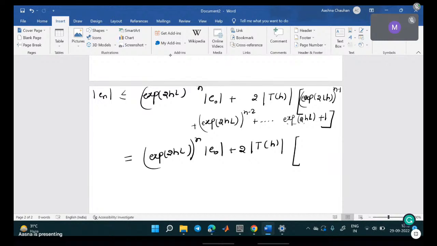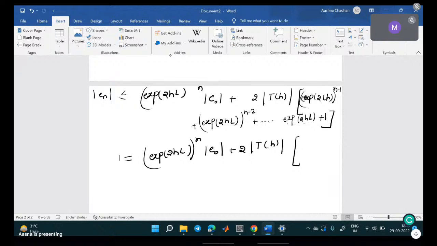As this is an exponential term, the power will come into the multiplication, right? It is a positive exponential because all the terms 2hl are positive. H is the step size, L is the total length of the interval. So all quantities are positive.